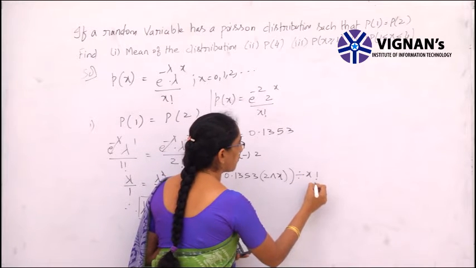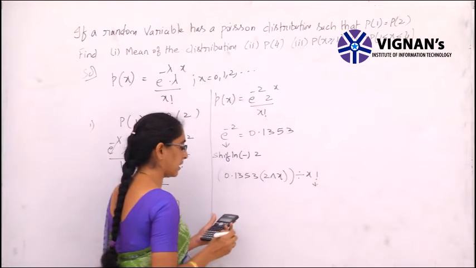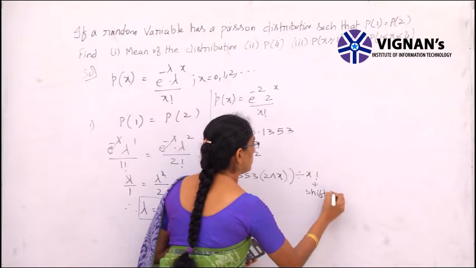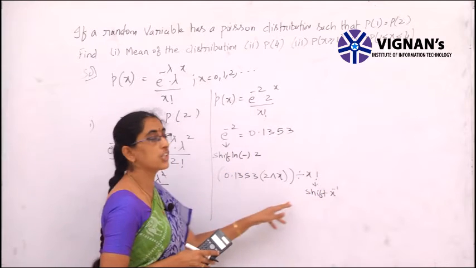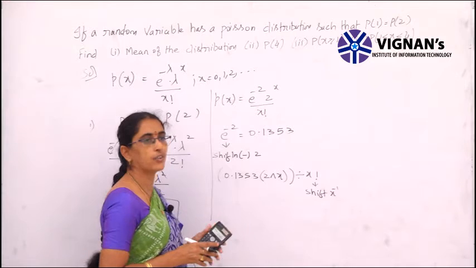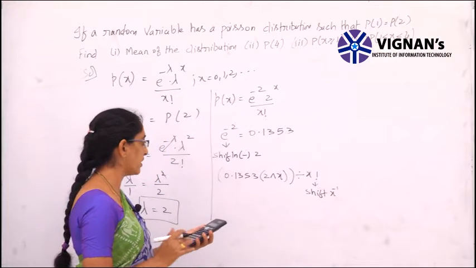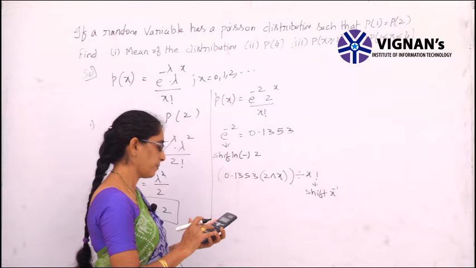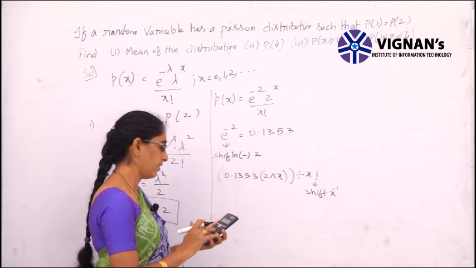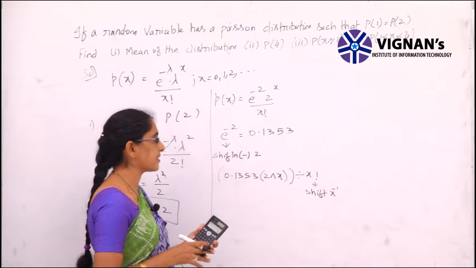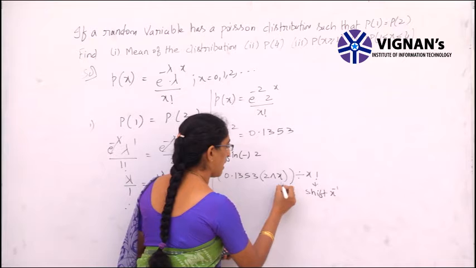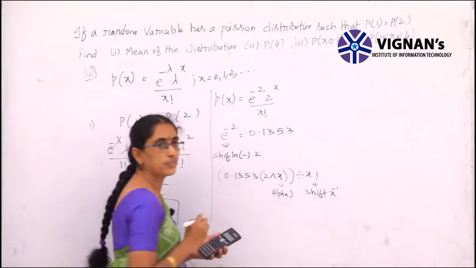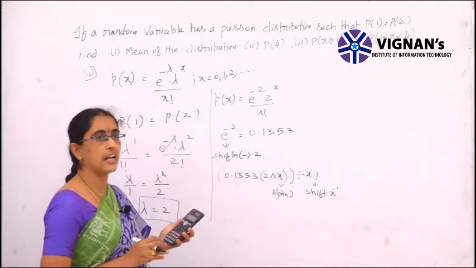For factorial you have to use the key shift x inverse. If you use the key shift x inverse, then you will get the factorial symbol. So let us give the equation in the calculator here. I think you know about x: x is given as alpha, closed bracket. Okay? Now press calc, and it will ask for the x value.